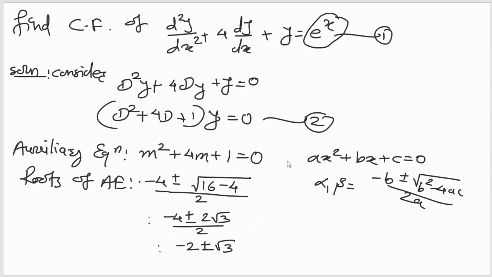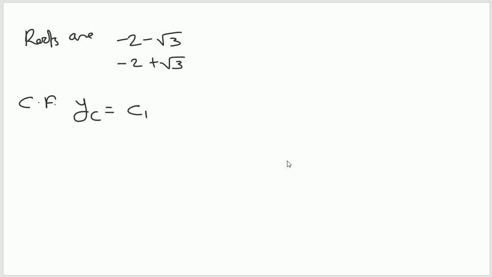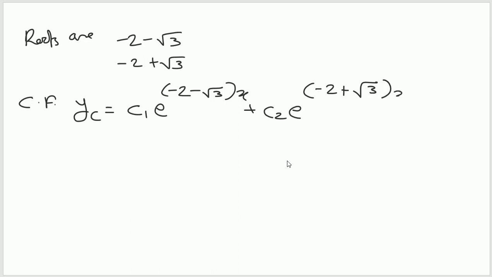So we got real roots and both are distinct, and therefore its complementary function is, so now as roots are minus 2 minus root 3 and minus 2 plus root 3, therefore complementary function is yc is equal to c1 e raised to minus 2 minus root 3 times x plus c2 e raised to minus 2 plus root 3 times x.